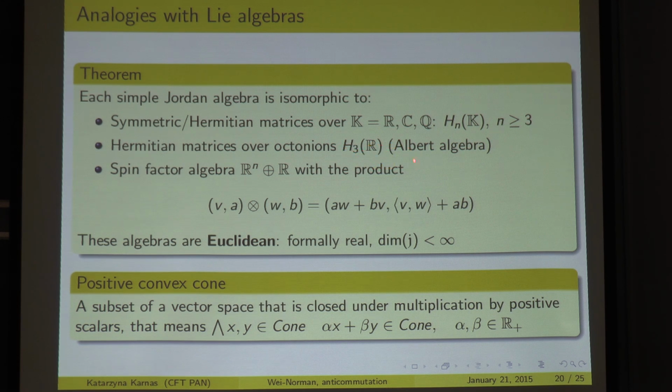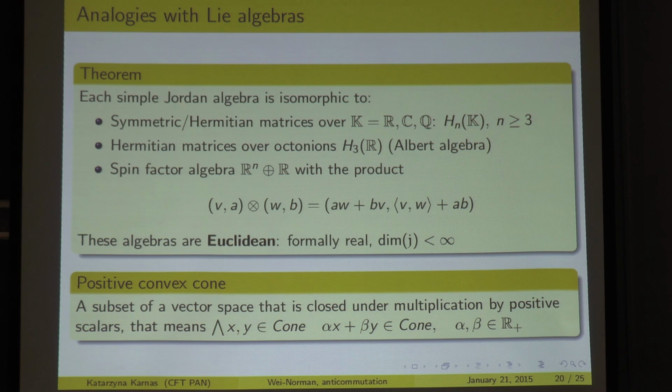They form the so-called Albert algebra, or to the spin factor algebra with such a defined product. These algebras are called Euclidean, and they must be finite dimensional.